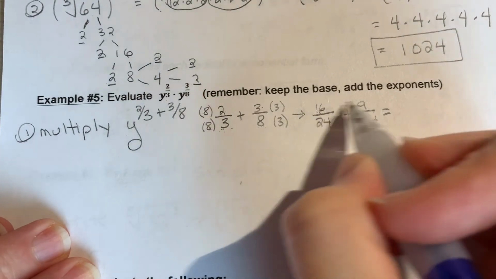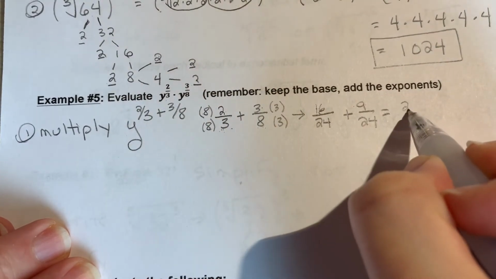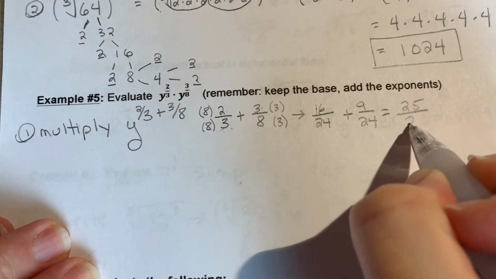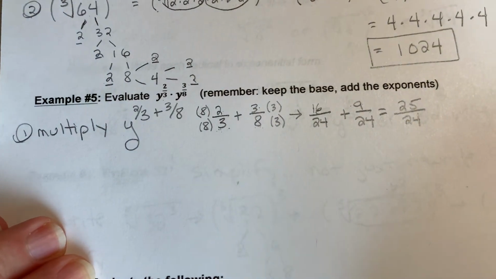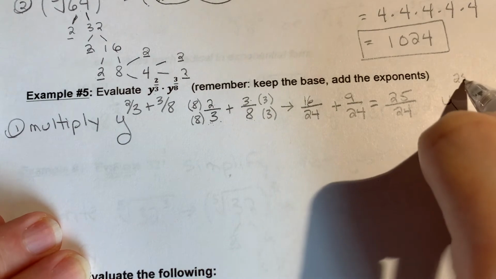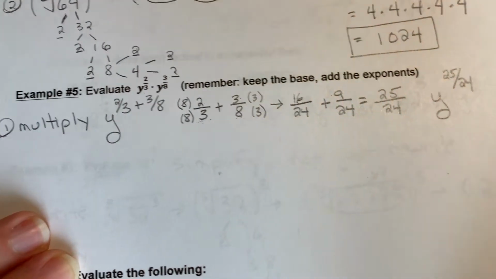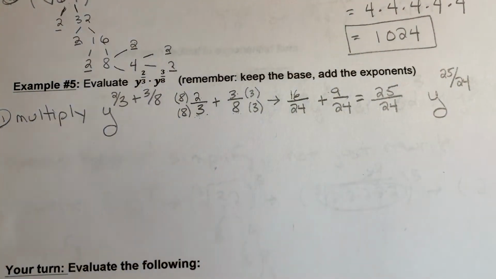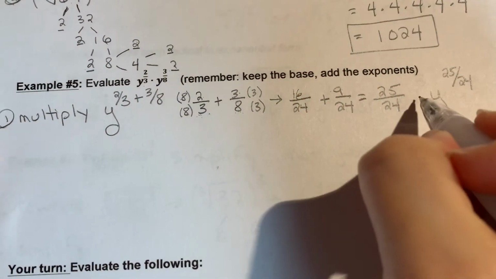Now add your numerators. 16 plus 9 is 25. Keep your denominator. So that is our exponent. So we have y to the 25 over 24. Whoo, those are big numbers. Don't panic though. It ends up to be okay.